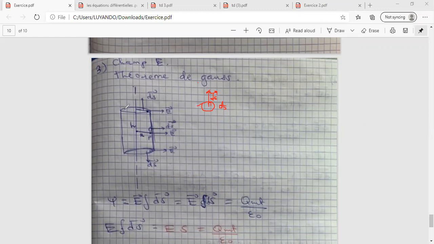But then we have the bases. On the bases, our ds is going to be moving upwards because it's perpendicular to the surface. And then for our E at this point, we assume there's a point charge P on the base of our cylinder. The E is going to be moving outward from the point charge, but our vector ds is going to be perpendicular to the surface area.